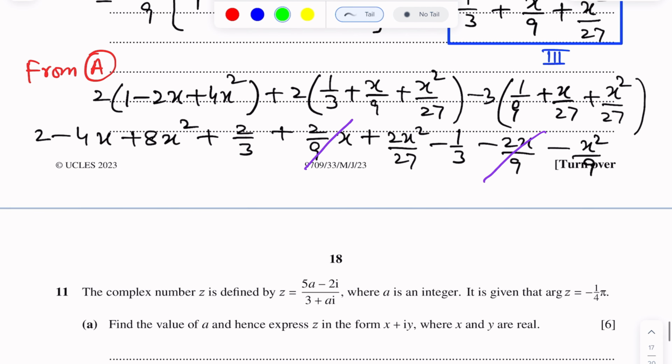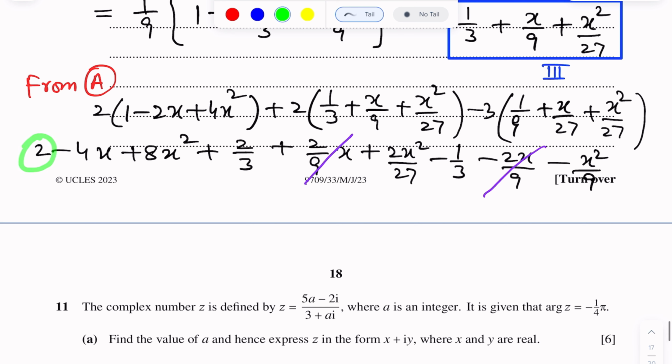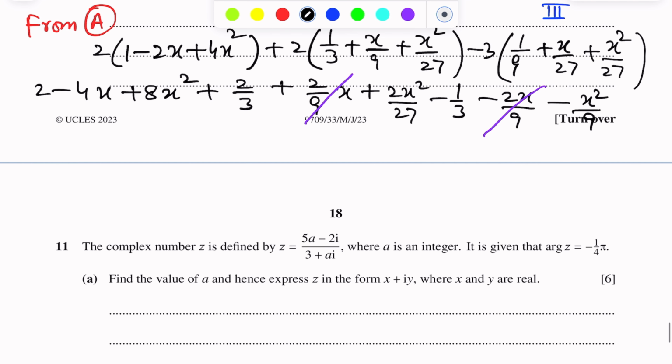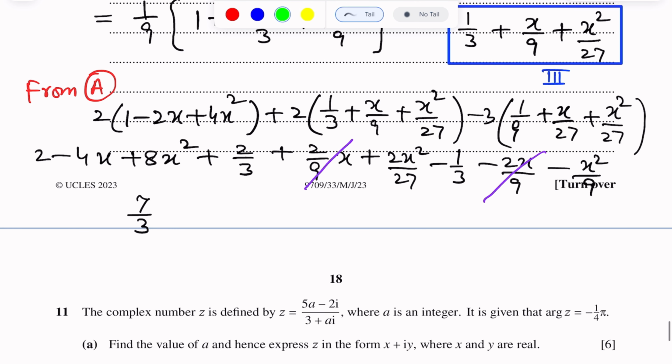First we will collect the constant terms: 2 plus 2 over 3 minus 1 over 3. After simplifying we get 7 over 3. Now collecting or adding x terms, only a single term in x, minus 4x.